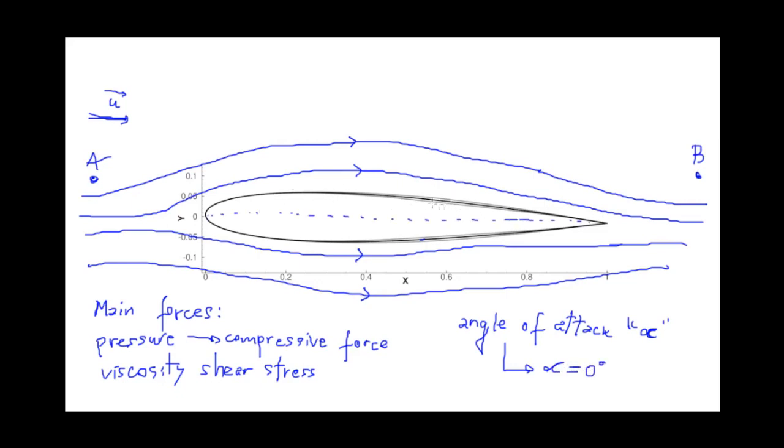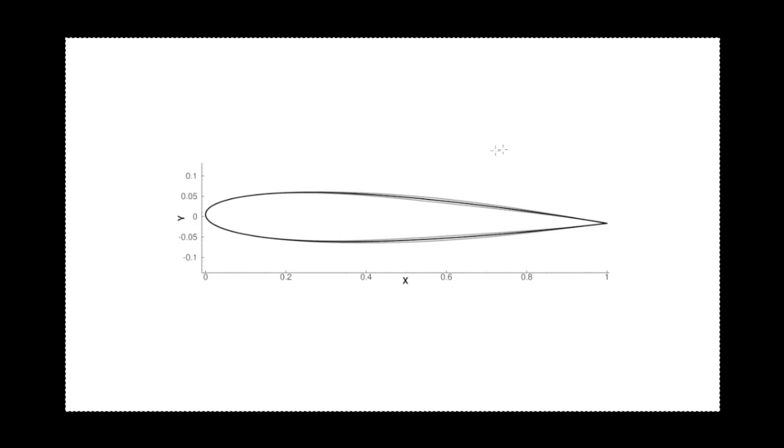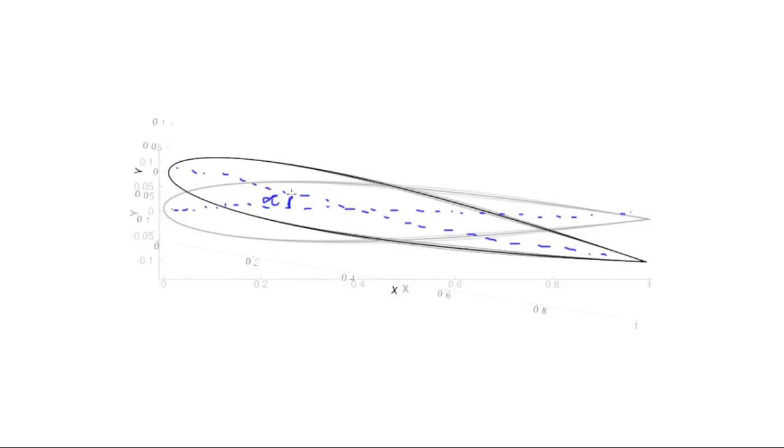So the forces on the upper part and the lower part are equivalent to one another. They equal one another. In the case where there is a certain angle of attack, in this case higher than 0, we have lift.